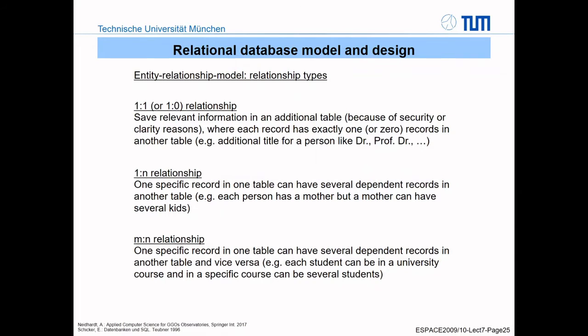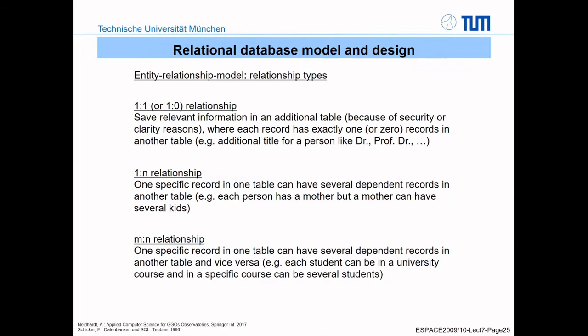So a 1-to-1 relation or relationship is that you have a foreign key in a table which points to another table where you have additional information. This additional information can be or not, so that you have this 0 record. For example, a sample is a title. So not all people have titles.